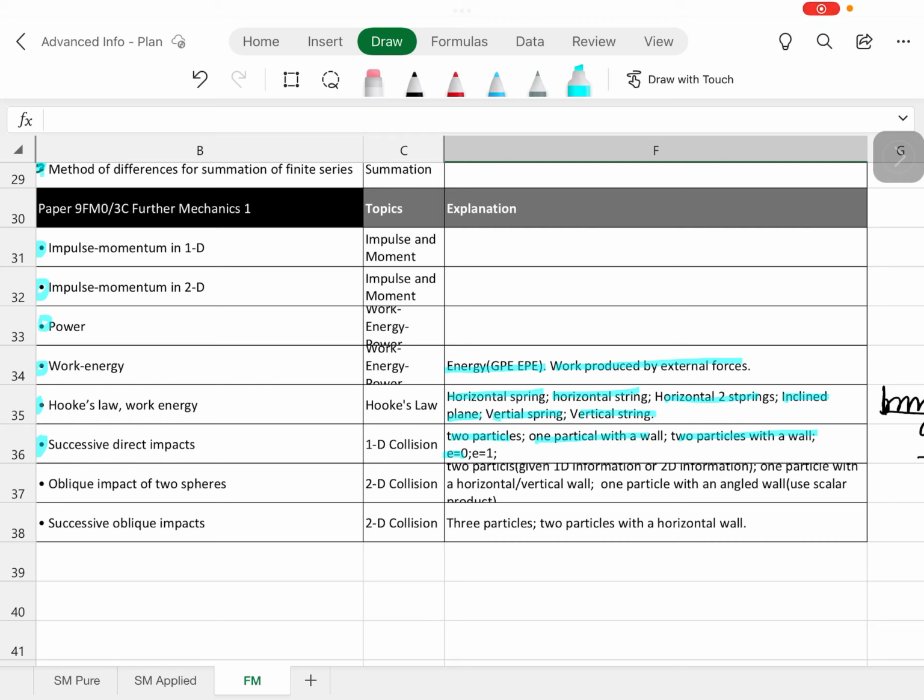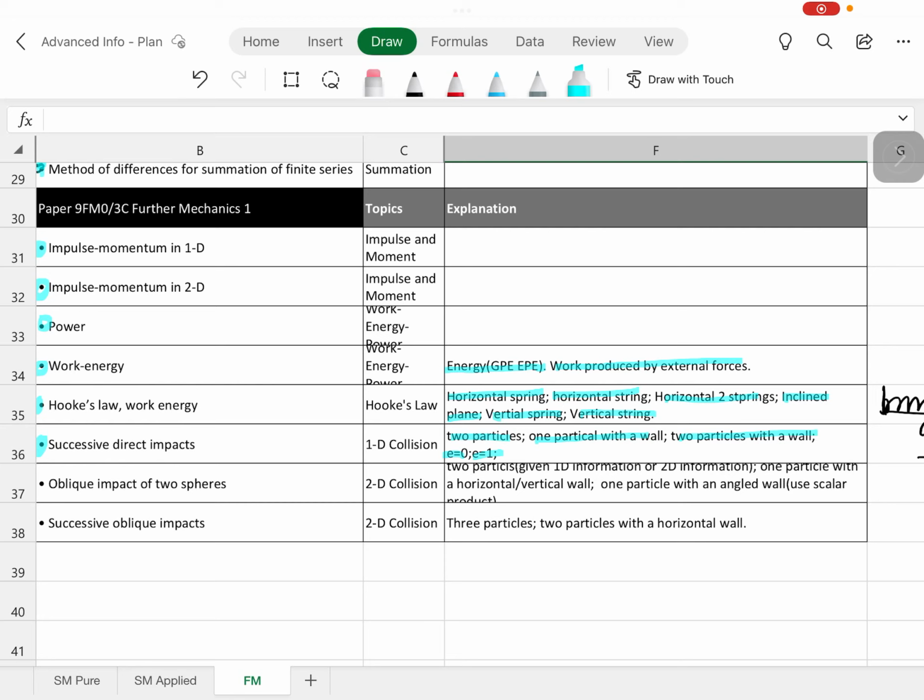That means when particle A and particle B collide, they merge and become one particle. When e equals 1, that's a perfectly elastic collision, which means the speed of separation is the same as the speed of approach.